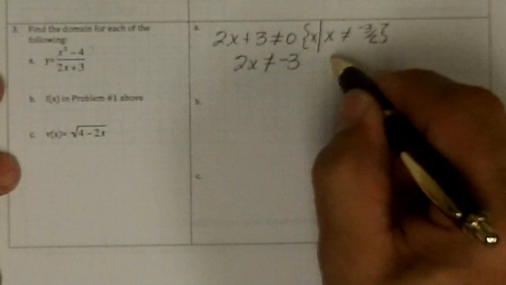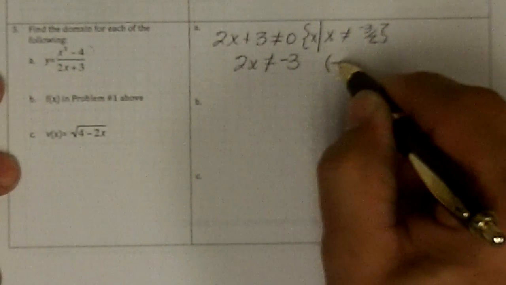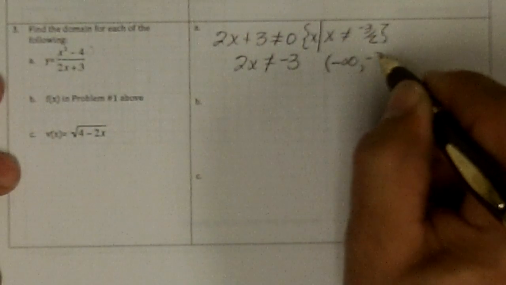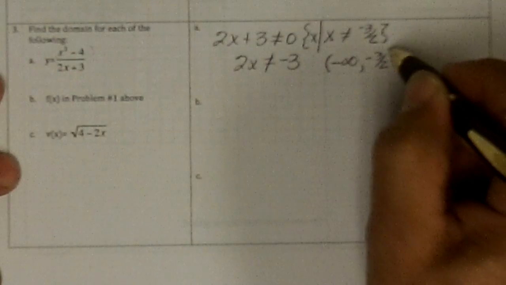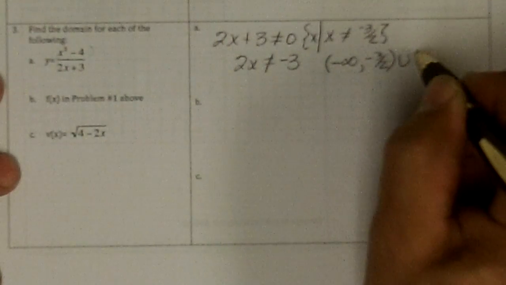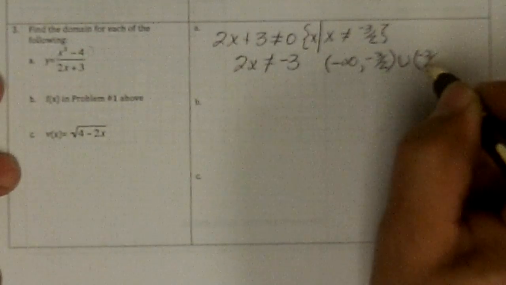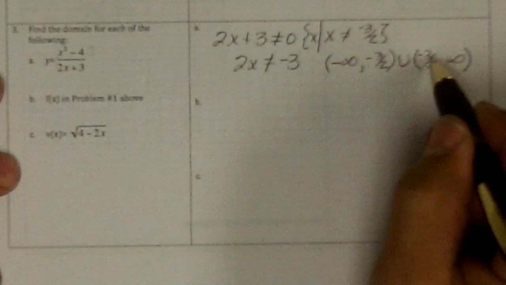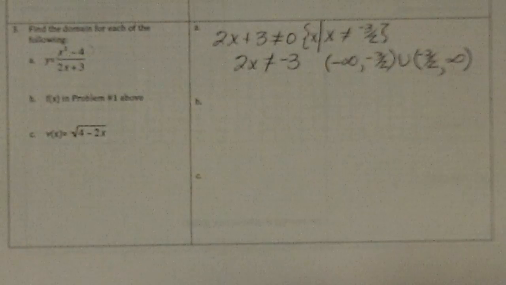Or I could say in interval notation, it goes from negative infinity up to negative 3 halves, not including the negative 3 halves, union from negative 3 halves to infinity, and that leaves out negative 3 halves.